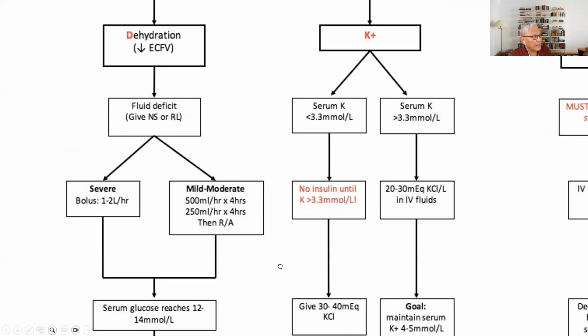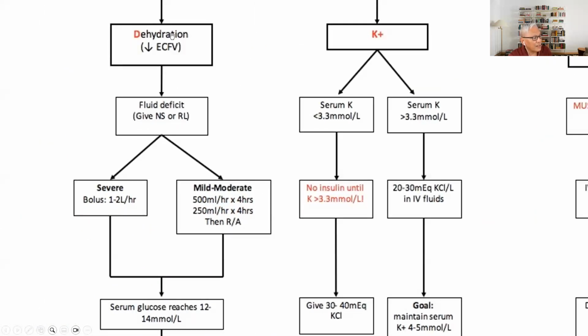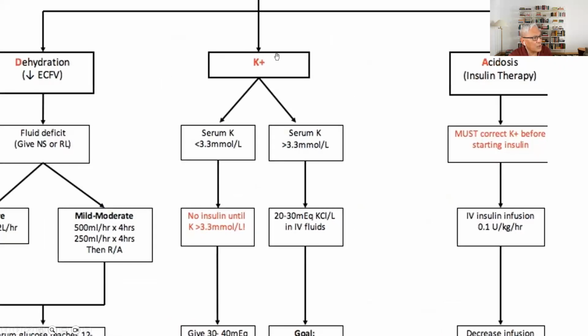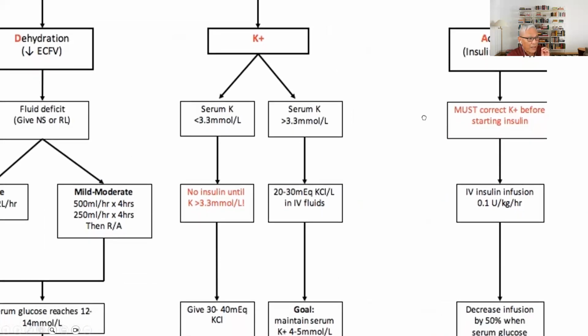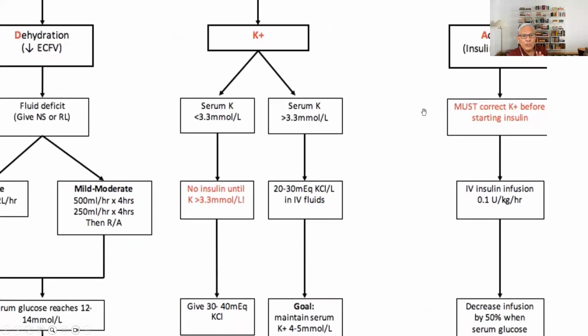See, dehydration is the first thing. And the second thing that we need to do is to deal with the potassium. Okay. So you remember I said at the outset that whenever you have acidosis, your serum potassium levels are going to increase.